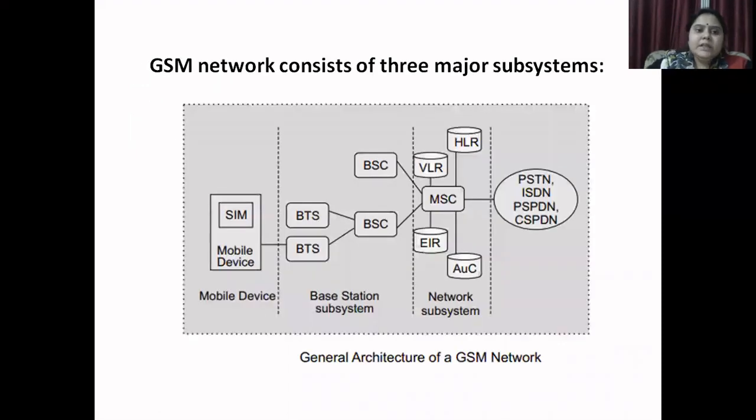Next, we see the GSM network consists of three major systems: the SIM in the mobile devices, the base station subsystem, that is BTS and BSC, etc., and next, the network subsystem, that is HLR, VLR, MSC, EIR, OMC control, etc. This is connected with PSTN, ISDN, PSPDN, and CSPDN.